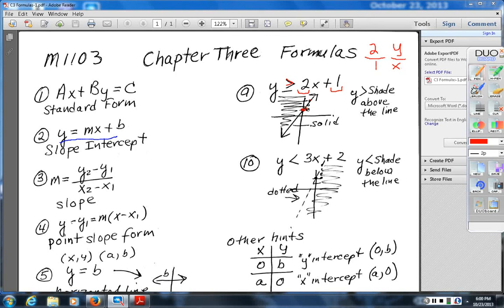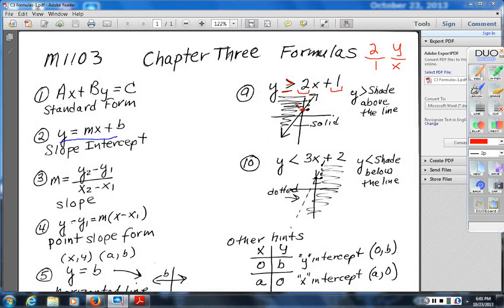And when you make these on MATLAB, because it's not only greater than, but also equal to, you're going to make this line solid. It means that all of the points in this line, plus all of this region above the line, are solutions to this inequality. And in MATLAB, there's a bucket of paint that you pour, and I think that's kind of fun.